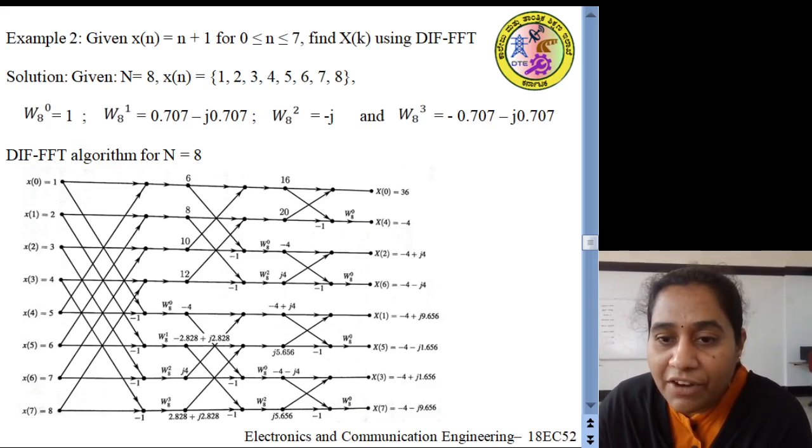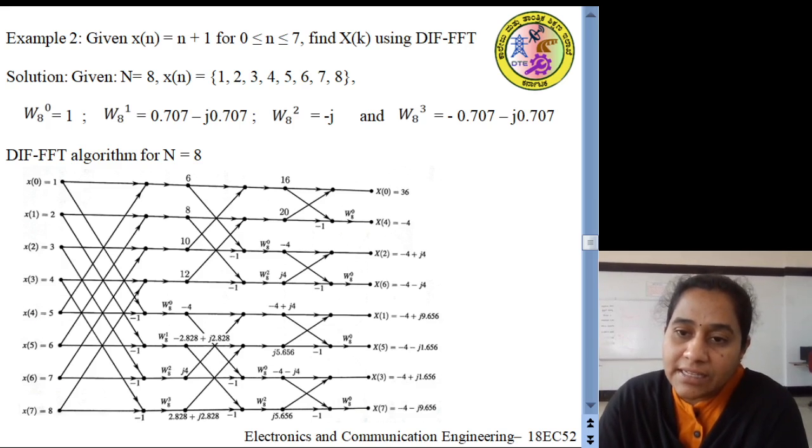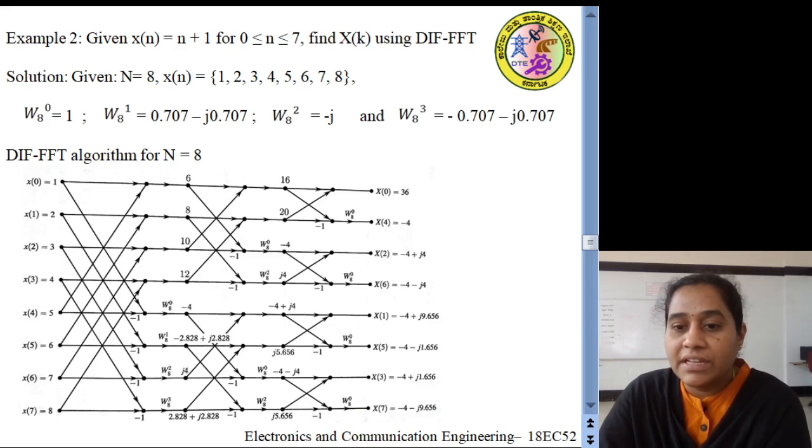So after finding second stage of computation, we obtain the outputs as 16, 20, minus 4, j4, minus 4 plus j4, j 5.656, minus 4 minus j4, j 5.656.